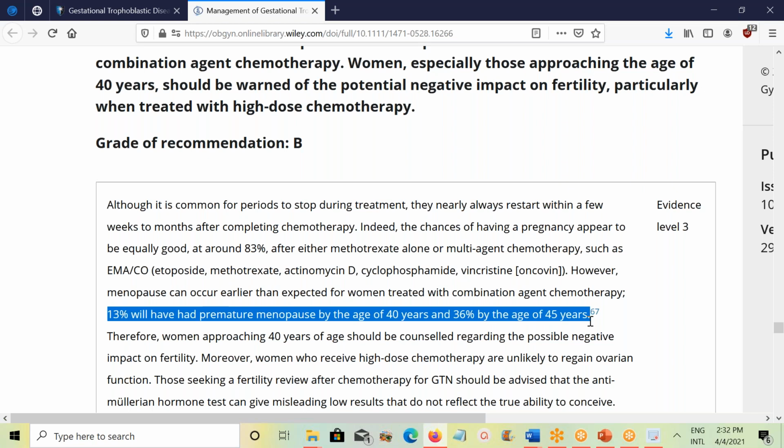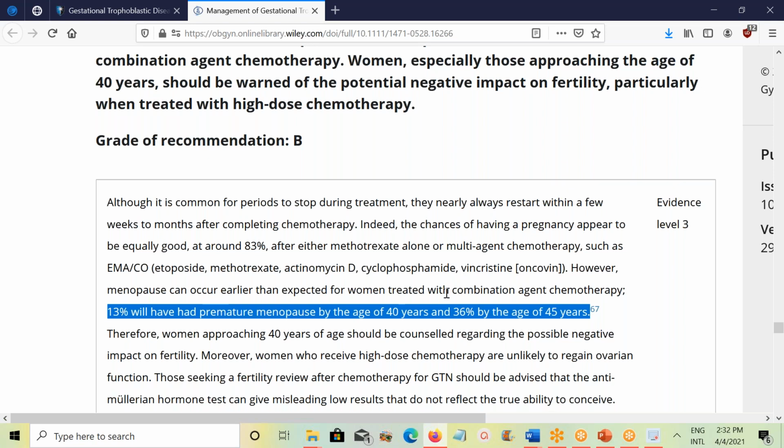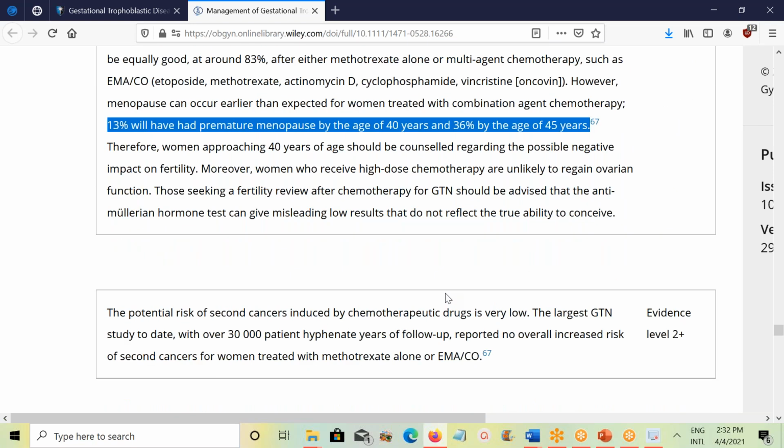And by the age of 45 years, how many will have it? 36% by the age of 45 years. This is when they have received a combination therapy. So single agent therapy is not going to cause this premature menopause. That is one.